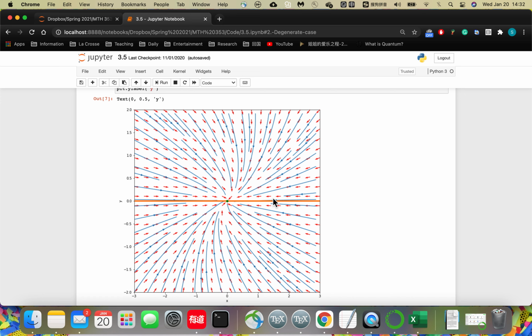Finally, for repeated values, what we really have is something like this. That's one straight line solution in terms of v1 and lambda.